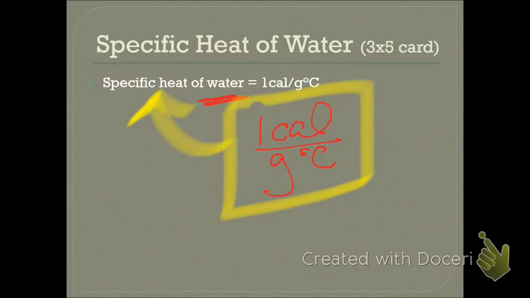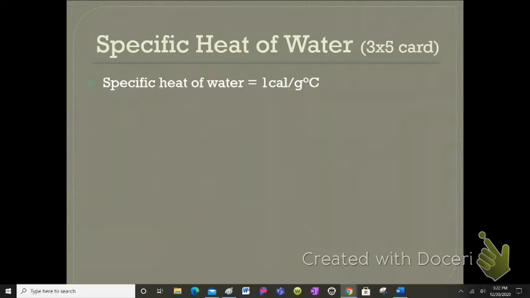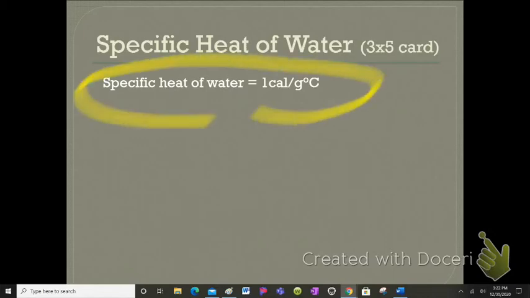Only for water. Nothing else. The unit is 1 calorie per gram degree Celsius for water. So make sure that you know the specific heat of water. Again, it's specific heat to that substance.